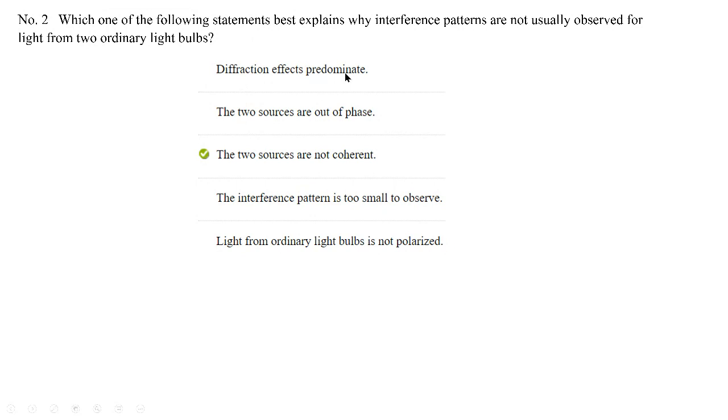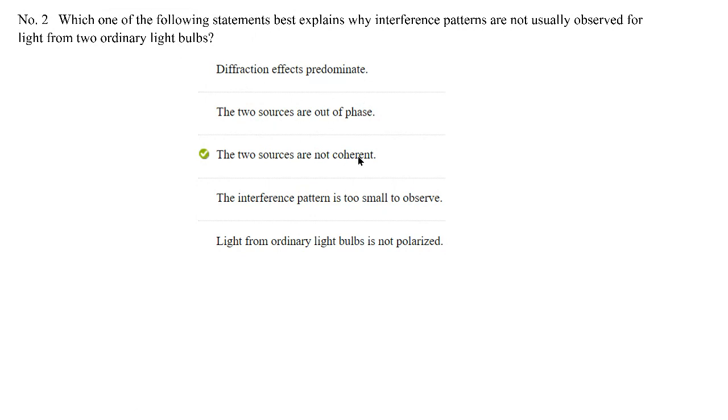Diffraction effects predominate. It's not going through any slit, so that's irrelevant. The two sources are out of phase. Well, we don't quite know that. But the two sources are not coherent.